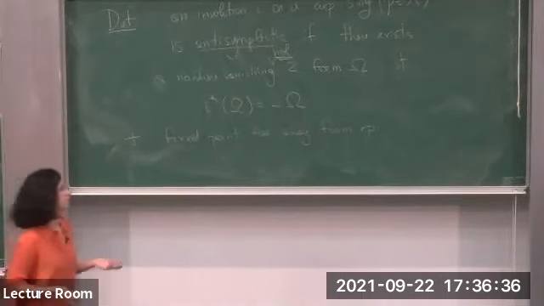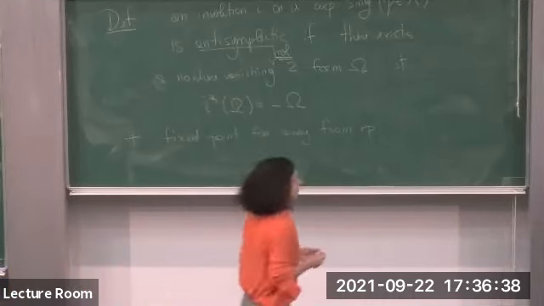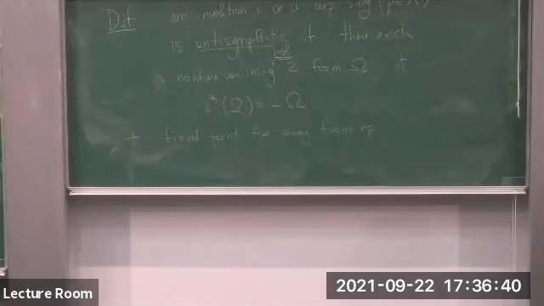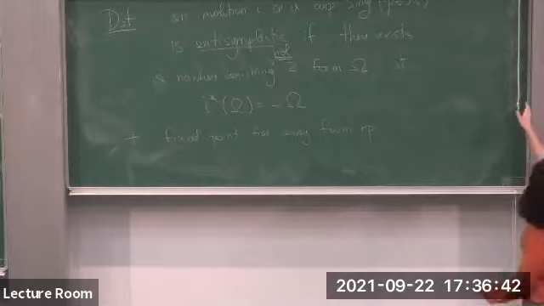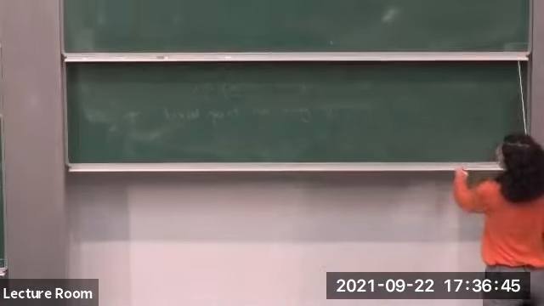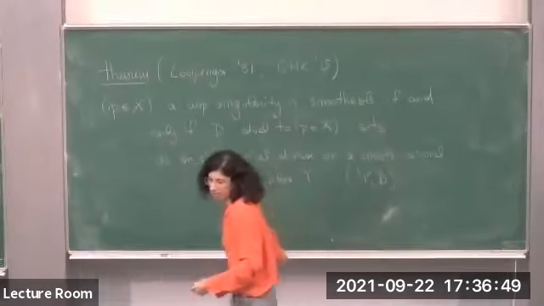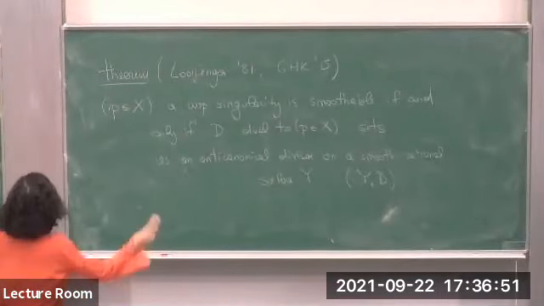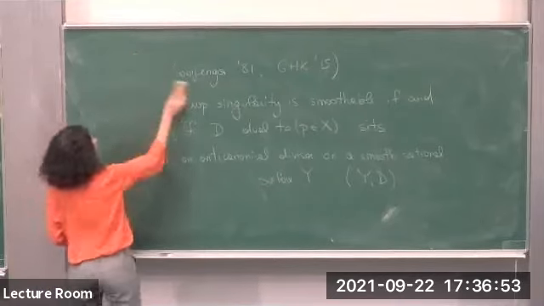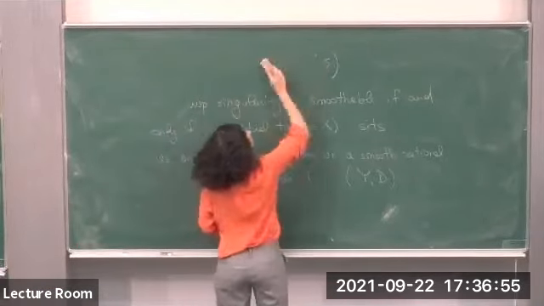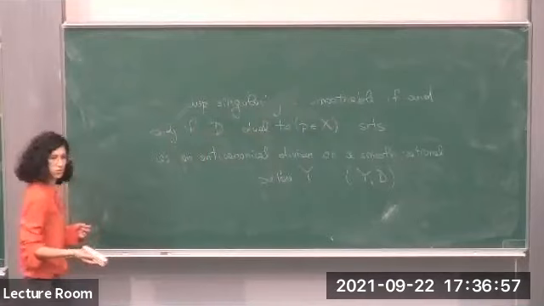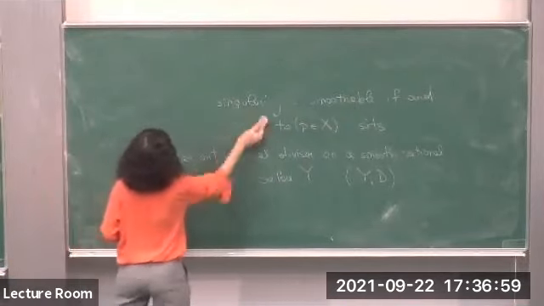And now the first question you can ask is, can we characterize cusp singularities which admit such an involution? So how do they look like?